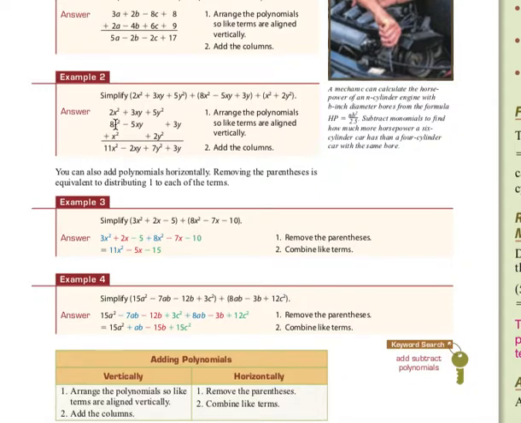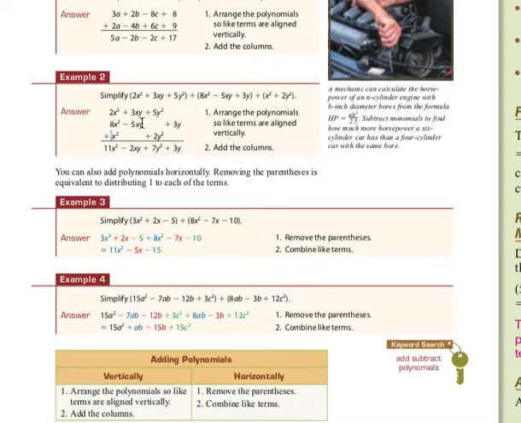So 2 plus 8 plus, oh, where's my constant? Well, when there isn't a constant in front of a variable, that means it's just 1. It's like an invisible 1. So 2 plus 8 plus 1 is 11 x squared.